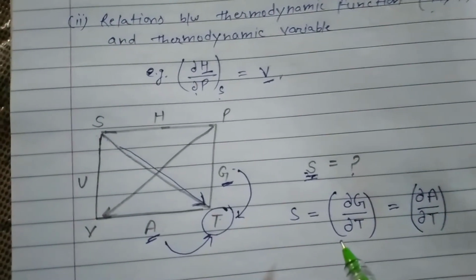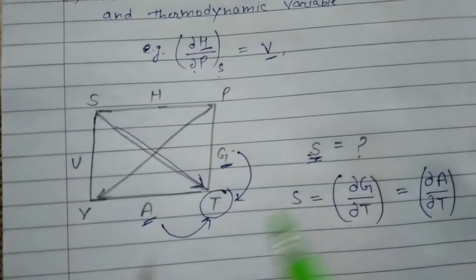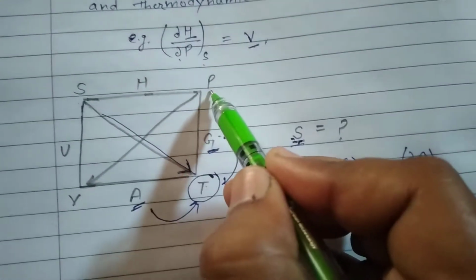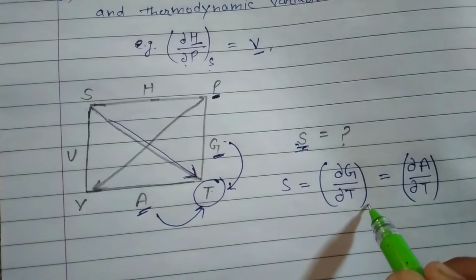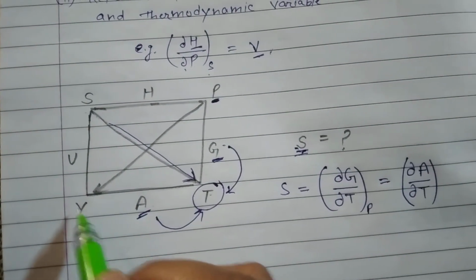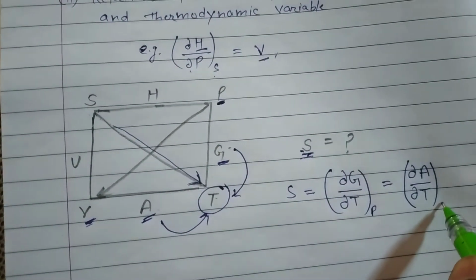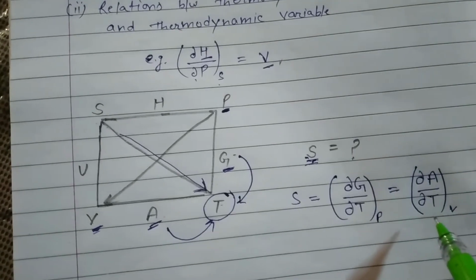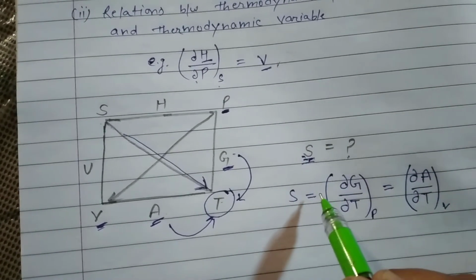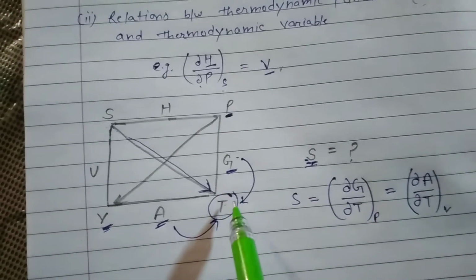Now we have to write their constants also. As the Gibbs free energy is lying on this side of the square, here pressure will be the constant, and for the work function, volume will be the constant. Now we have to mention the sign, whether the plus sign or the minus sign will come. The sign will be decided by the temperature.